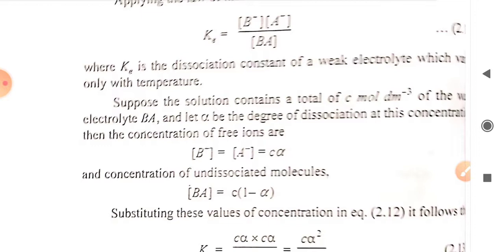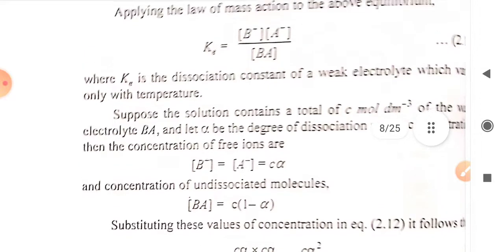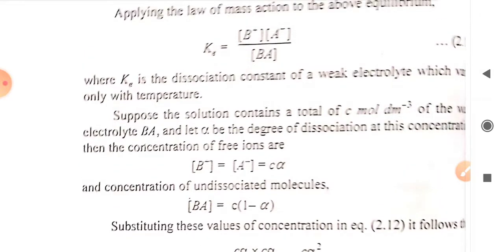Now we can correlate this dissociation constant with the degree of dissociation, alpha, and the degree of dissociation can be correlated with the molar conductance. We can do that using certain simplifications. First we need to convert the concentration into degree of dissociation.